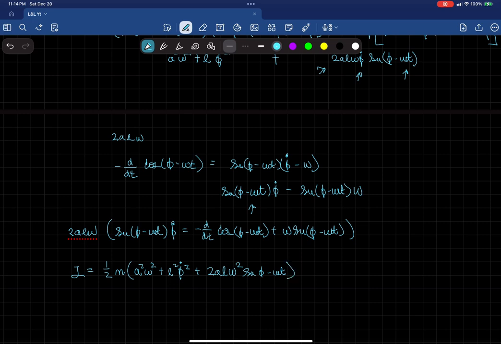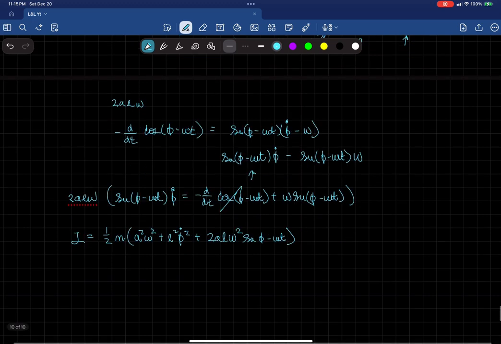Now, I omitted the total derivative term completely because a time derivative of any function added to a Lagrangian does not impact the equations of motion whatsoever. And that thus becomes our kinetic energy for the system here.